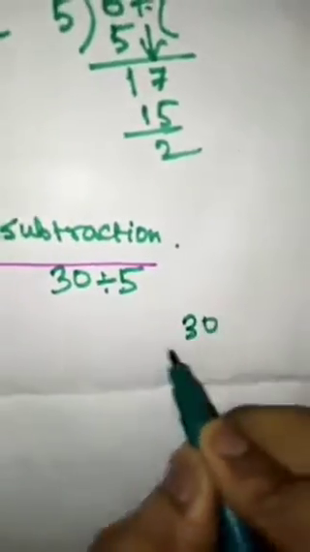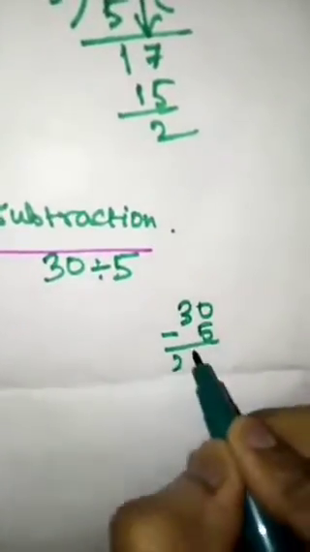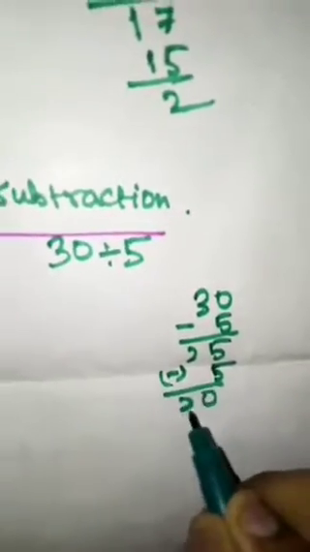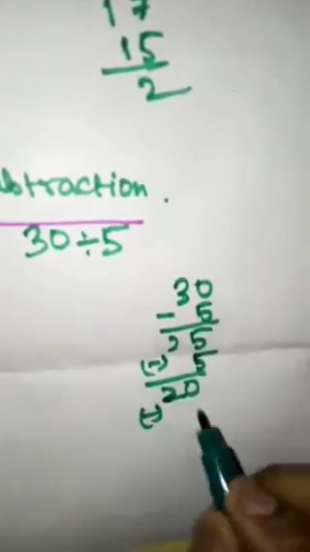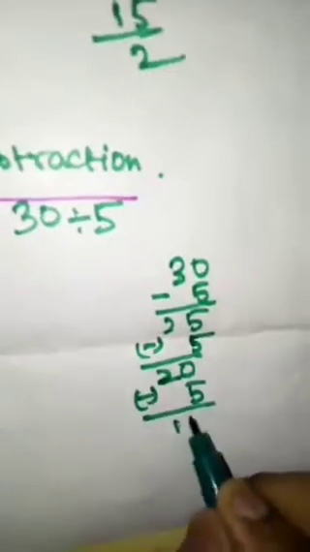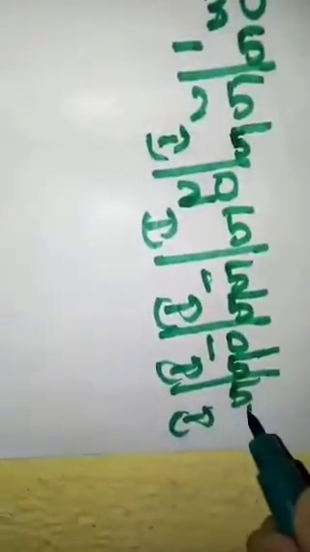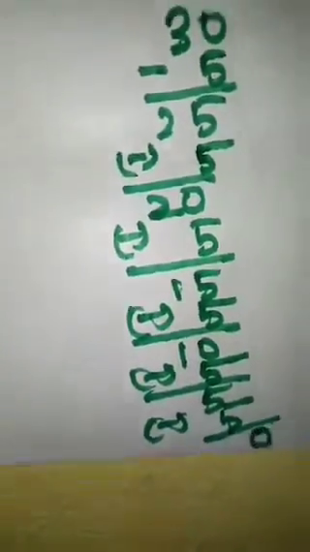We start our repeated subtraction. 30 minus 5 gives you 25. Another 5 subtracted gives you 20. Another 5 gives you 15. Another 5 gives you 10. Another 5 gives you 5. And finally 5 more subtracted gives you 0.